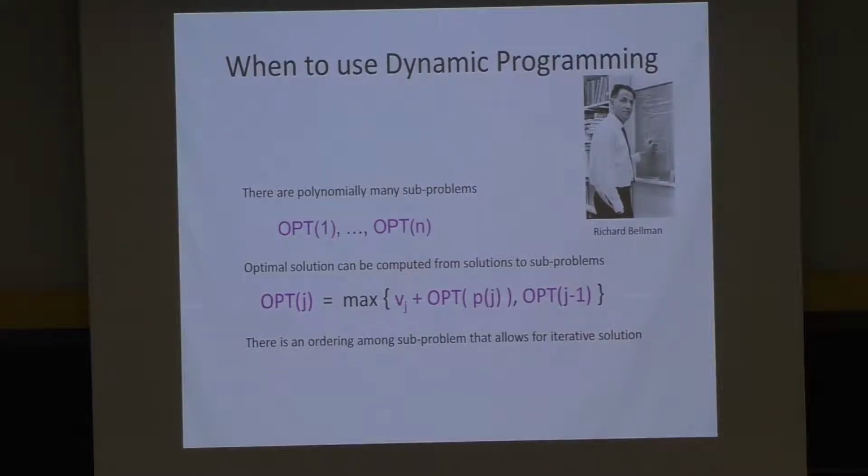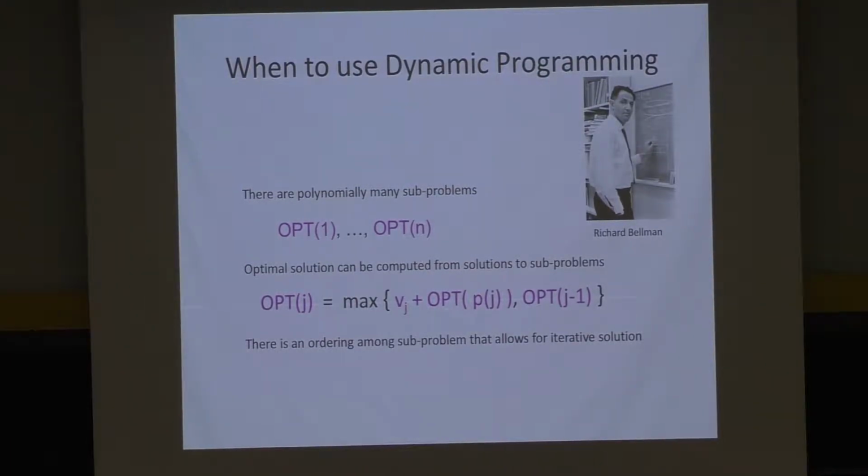In weighted interval scheduling, we derived the recurrence which says opt of j is the max of 2 values. The first is if j is in the optimal solution, in which case you get a value of vj, and then you are left with the problem on the first pj intervals. Otherwise, if j is not, then the optimal value is the same as having j minus 1 intervals.